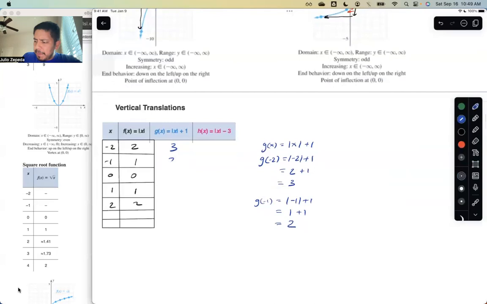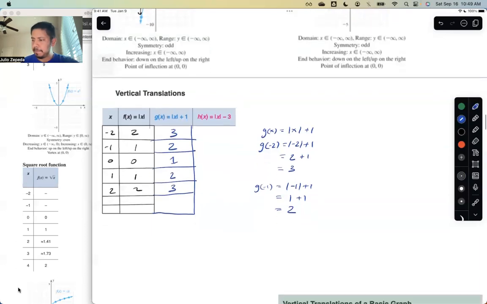And if you start to notice a pattern here among these two functions, you see that g of x is going to be the same value as f of x, but plus 1. So we're going to get 1 more there, 1 more there, and 1 more here. Okay. So what do you think h of x might be?